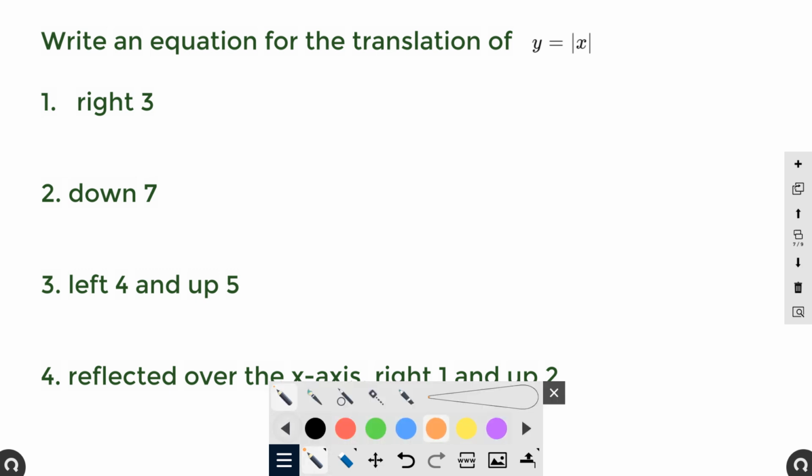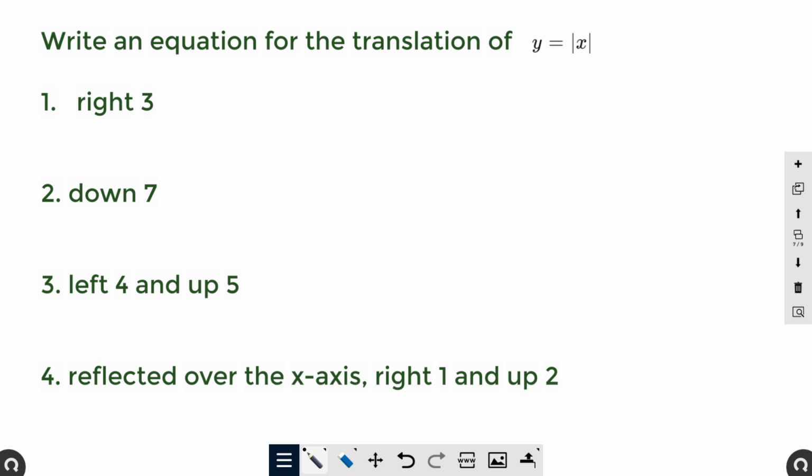All right, guys, so let's go through and write the equations for these. Remember those steps that we wrote at the beginning? That will help you write these equations. So first off, if we want to just move right 3, what do we need to do? A minus where? Inside. Start off with y equals on all of these and start off with absolute value of x.